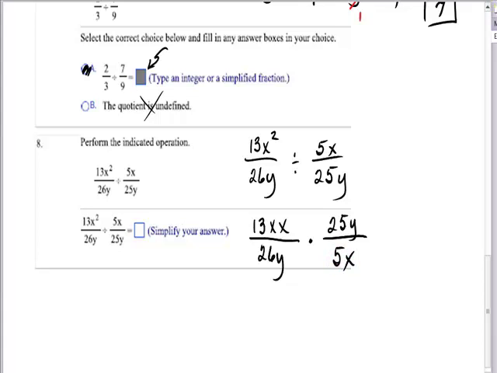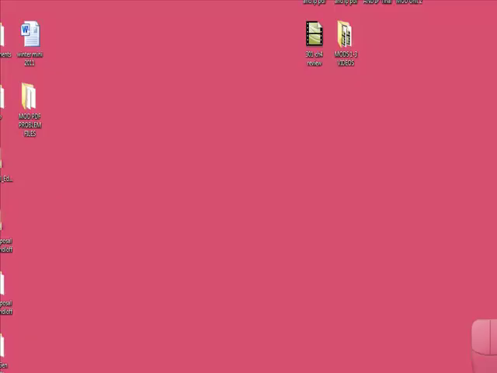All right, let's see if we can bow tie anything since we've done keep, change, flip. It doesn't matter about the order. I see the y's. I see a 5. 5 goes into itself once. 5 goes into 25 5 times. I see a single x with one of those x's. Oh, I see 13 goes in there once, and 13 goes into 26 2 times.